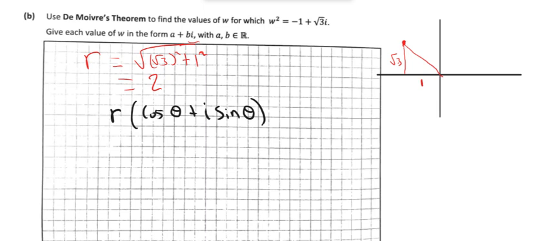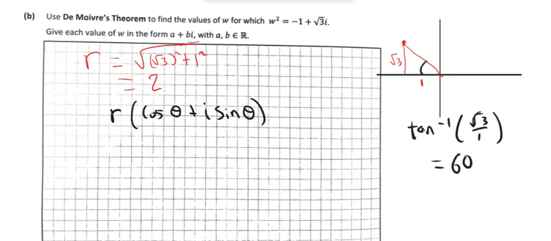The other thing we can work out is the angle, theta. You can do that in the calculator or use log tables. So opposite over adjacent, it'll be tan inverse of root 3 over 1. So we'll get 60 there.